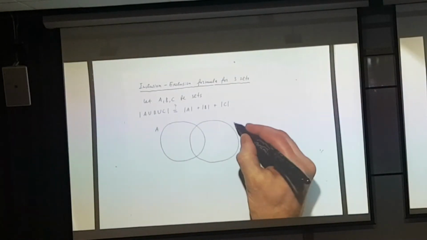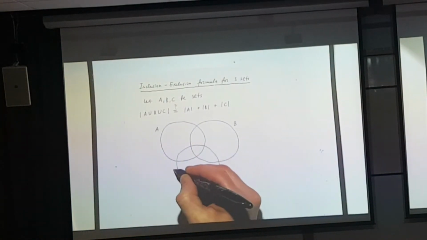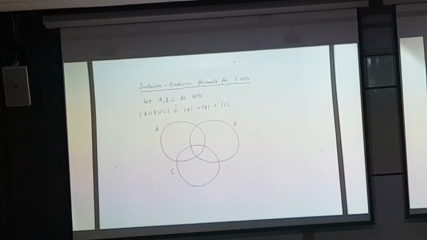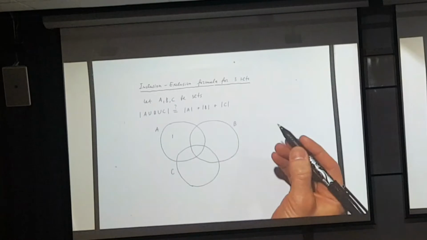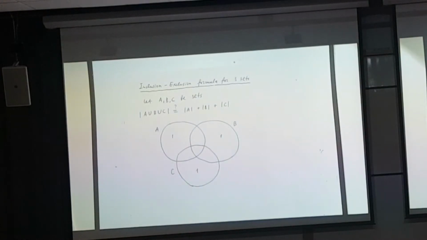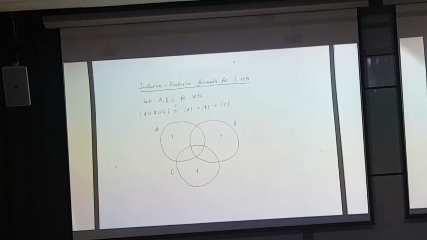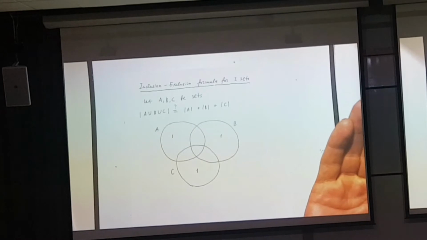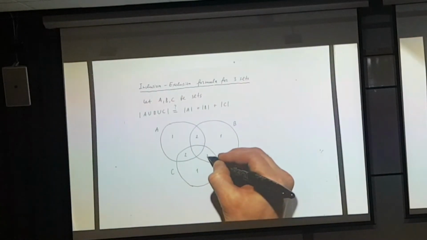Let this be A, B, and C. If you apply this naive formula to this situation, then you'll find that some elements will be single counted, those which are only in A and not in B and not in C, only in B and not in A or C, and only in C and not in A or B. Others will be double counted, those which belong to the double intersections but not to the triple intersection.